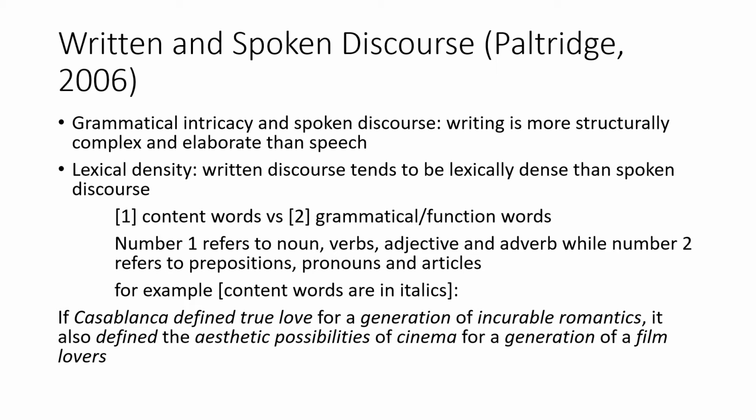We can produce this sentence only in written discourse, but it is quite difficult to produce this kind of sentence in spoken discourse. So that's why we call written discourse more structurally complex and denser than a spoken one. So that's the first difference.